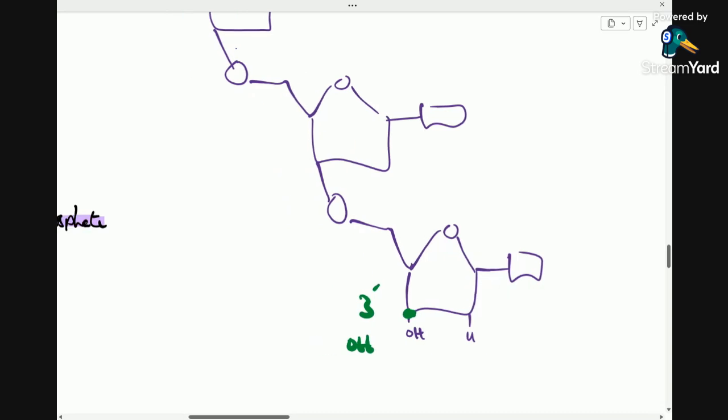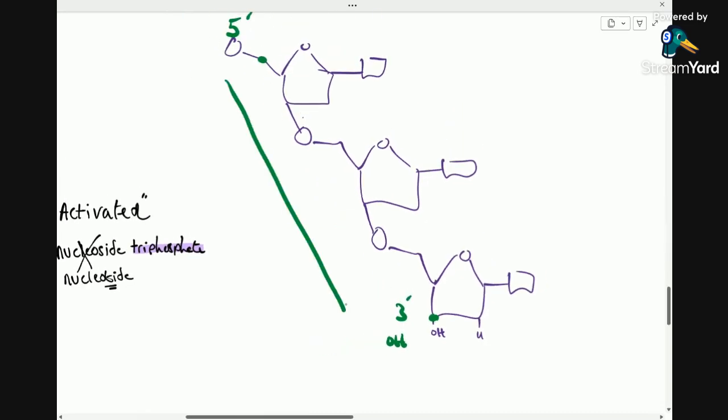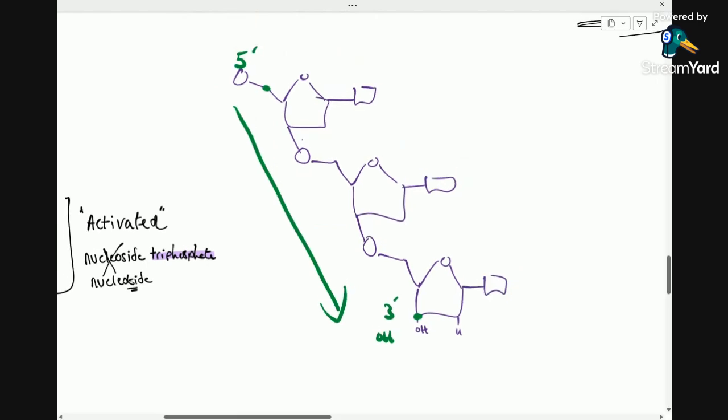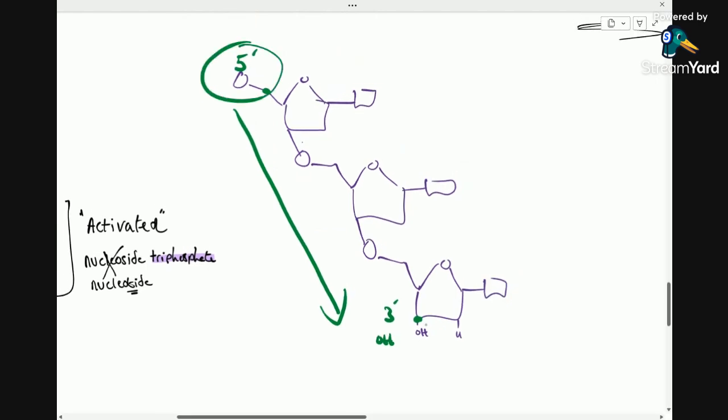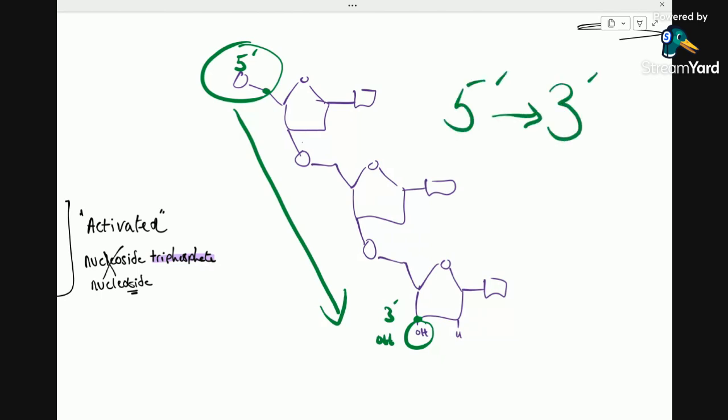So the whole DNA strand has a slightly different structure at each end. It's not completely the same. Off one end, you've got a phosphate sticking off, and the other end, once you've finished adding all the nucleotides, you've got a 3' hydroxyl end sticking off. So we say that this DNA chain, this polynucleotide strand, has directionality, and it goes from 5' to 3'. And that's really important to get your head around.